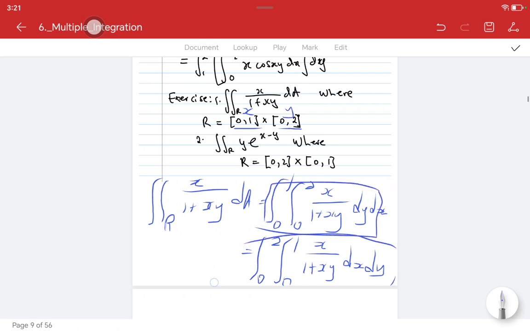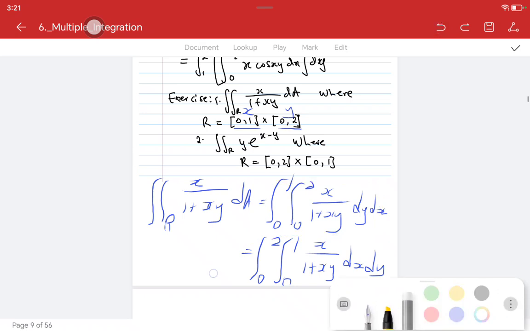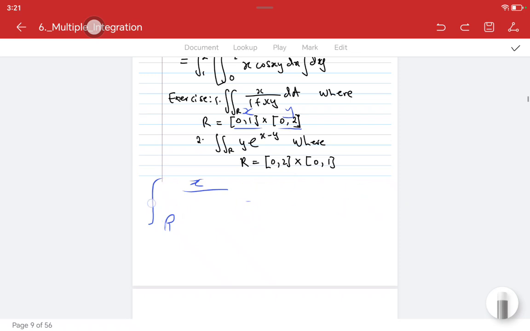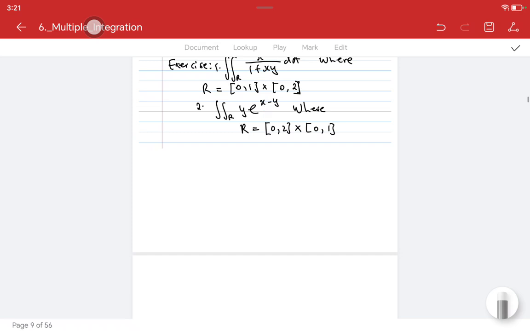Any that is difficult, any that is simple to you, you can use. So this will still give us the same thing. So you can try out how you're going to integrate this. If we feel integrating with respect to y is going to be difficult, just change it. Integrate with x. If x is difficult, you use y. So it's up to you there. Also, this one, you do the same thing.